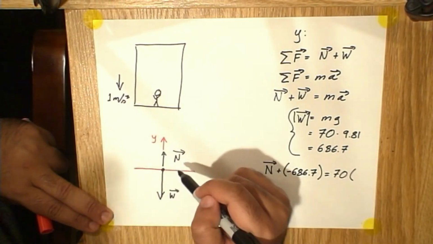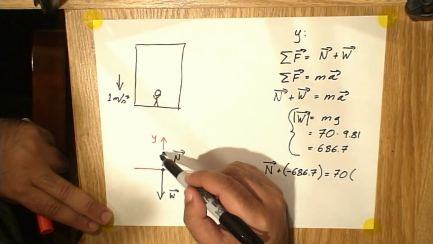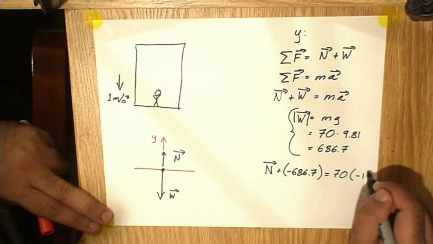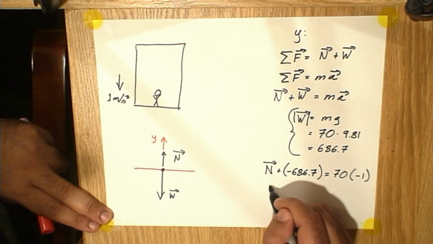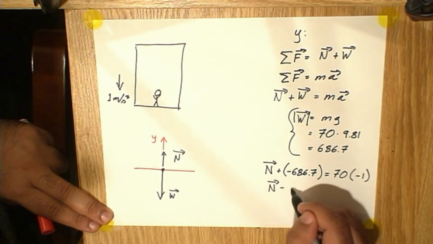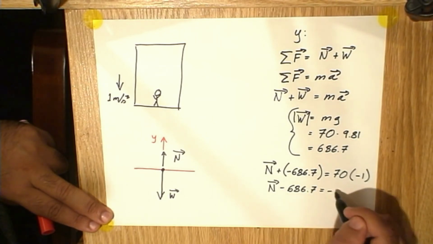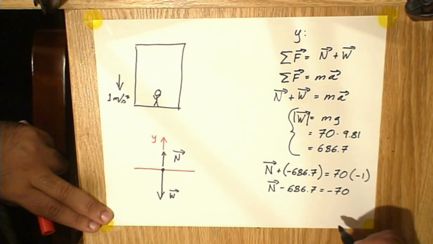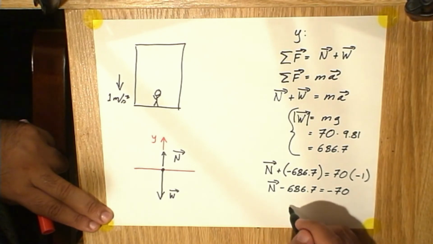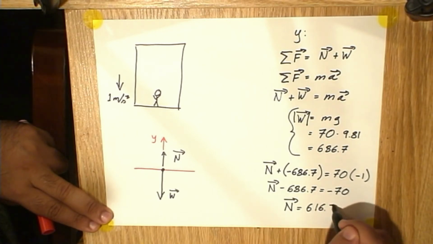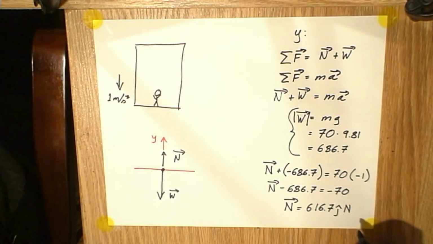The acceleration is also downwards this time, so that means that it is going to be negative. So we now have normal force minus 686.7 is equal to negative 70. So adding 686.7 to both sides, we now have a normal force which is equal to 616.7 newtons, and it would be pointed in the j-hat direction.